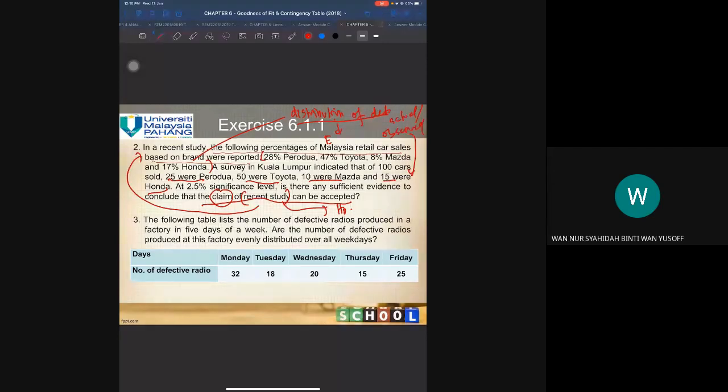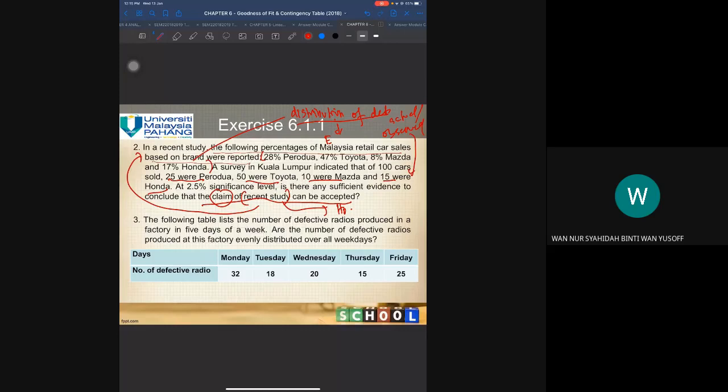In this case, you have percentages as your distribution. Based on this distribution, we calculate the expected data, and then we compare the expected data with the actual data.